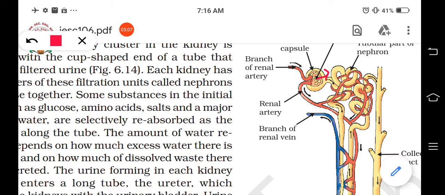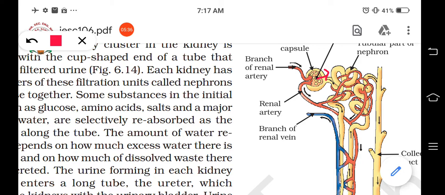So the glomerular filtrate that is getting squeezed into the Bowman's capsule starts moving through the tubular part of the nephron. Then what happens, many of the useful substances like salts, amino acids, glucose, water, etc. are absorbed into the blood through the blood capillaries that surround the tubular part.